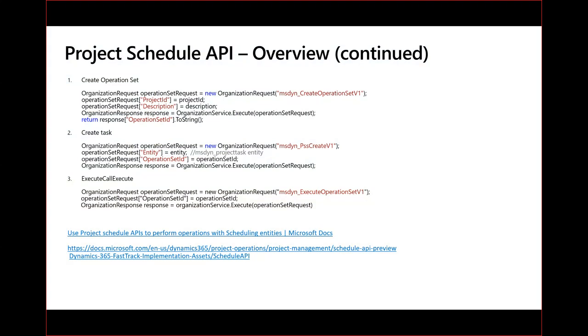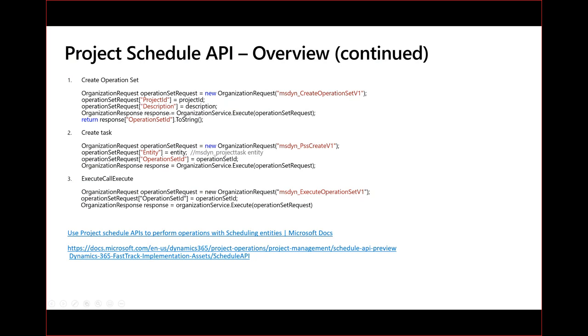So showing you some pseudocode, and here is a link to a docs article where this is described in more detail. But basically, the first step is we're creating a new entity of type operation set. We're going to add the project ID and a description to that.